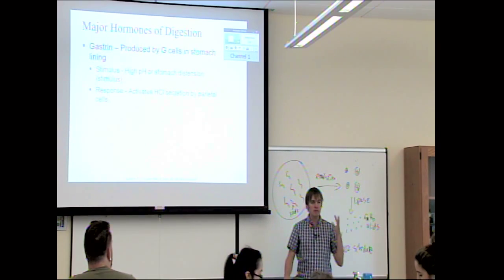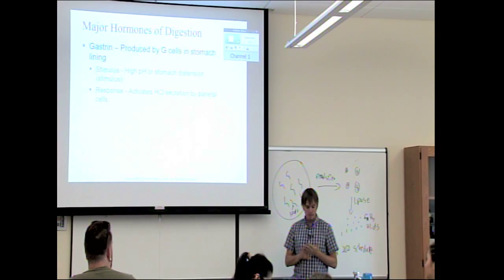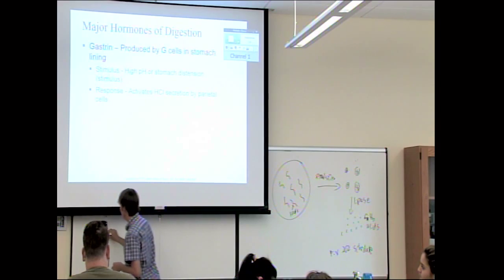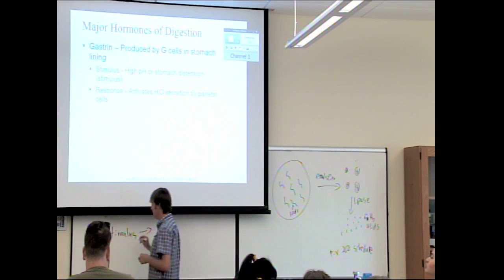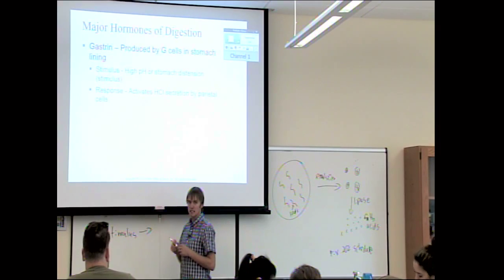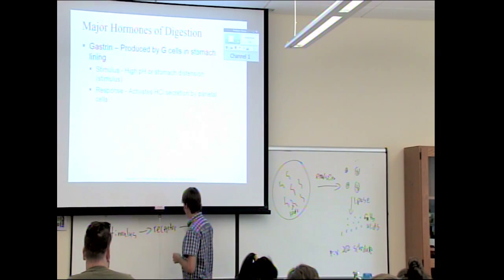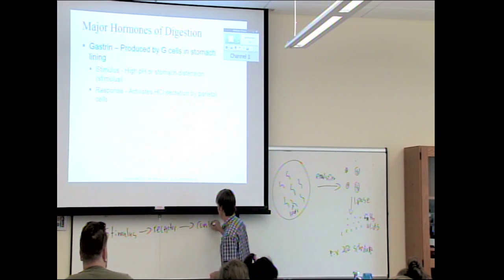If you remember, what are the 4 main parts of a feedback system? All right, so we've got a stimulus. That's first. And what does the stimulus activate? The receptor. And the receptor tells something: the control center.